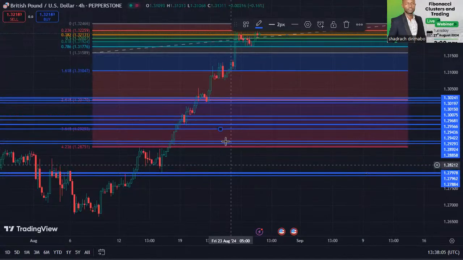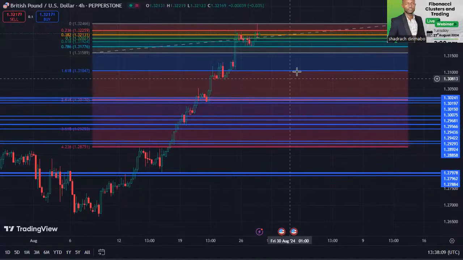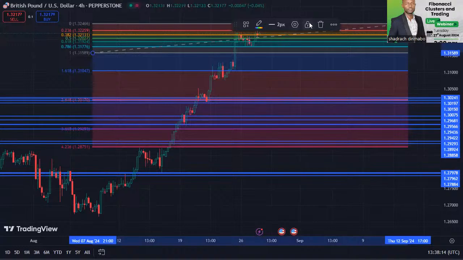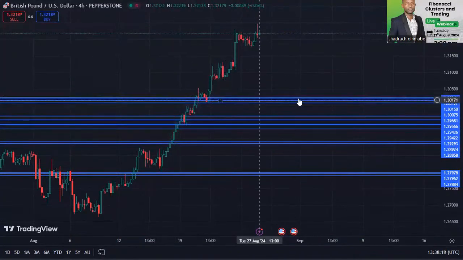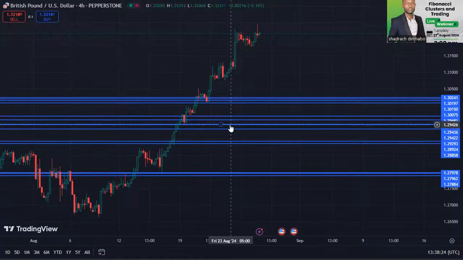Is that correct? So let's take off these ones. First of all, let's take off the Fibonacci 2, so I can see clearly. So with this is where we have the cluster more. And here, okay, these other ones are a bit spaced. So let's take off these ones.